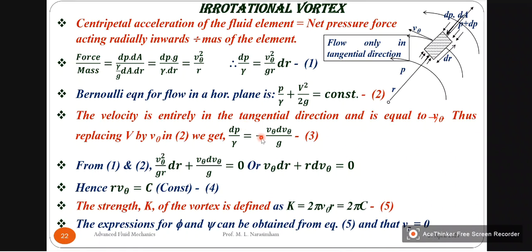dP by gamma is equal to minus v theta dv theta by g. Now you take this and this, and what you get from equation 1 is v theta square by gr dr, which must be equal to this. So v theta square by gr dr plus the right hand side of equation 3 is equal to 0. Now I can integrate this.